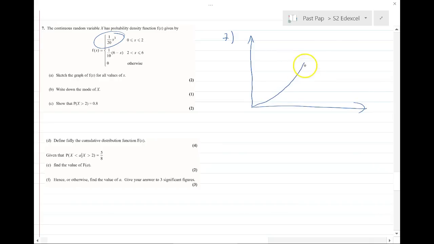It's cubic to 2. I suppose the only thing I'd check here is, does it have the same value, because it is possible, it doesn't, but in this case, to have a PDF like that. So it can be a broken curve for a PDF. A CDF not, but a PDF can be a broken curve like that. So it's probably as well to check the value at 2 is the same on these for f(x), and it is.